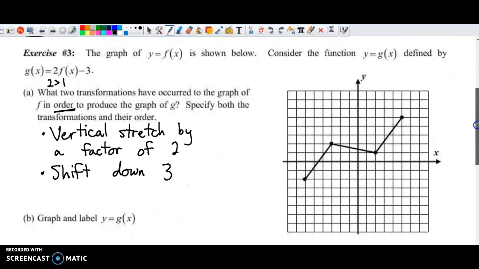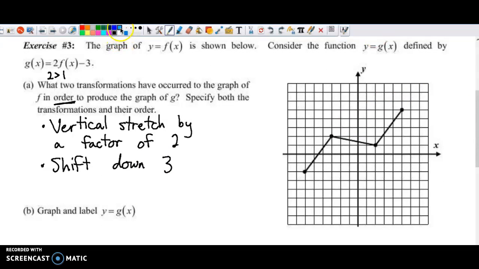So as I look at g of x, and I've sometimes done this with students, I've had them write out ordered pairs for f of x. So like this ordered pair is 1, 2, 3, 4, 5, 6. So we're looking at -6, -2. The x value, as far as we're concerned, is staying the same.